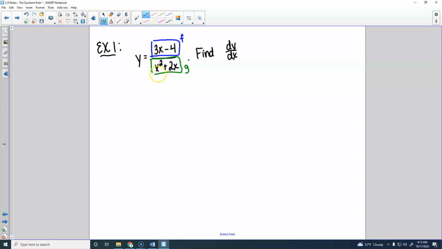So, when we do the quotient rule here, our derivative is going to be low, so the bottom, x squared plus 2x, d high, so derivative of the top, and that would just be 3 in this case, minus high, make sure you put in parentheses around this when you write this in, 3x minus 4 times derivative of the bottom, derivative of the low.